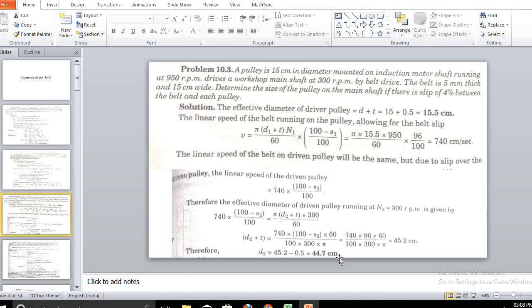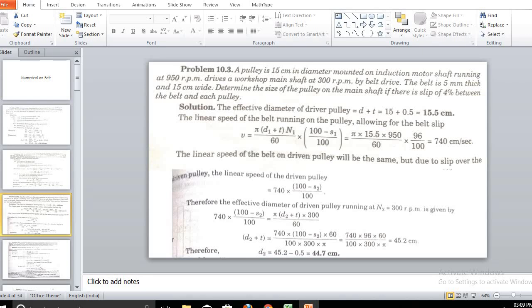So these examples are based on a simple formula. Here we consider that the linear speed of that particular belt is the same over the driven pulley and the driver pulley.